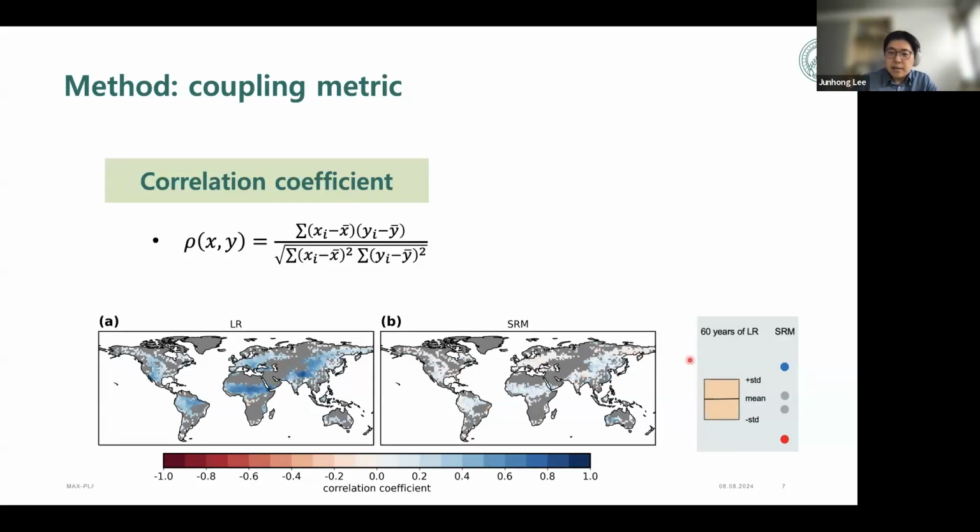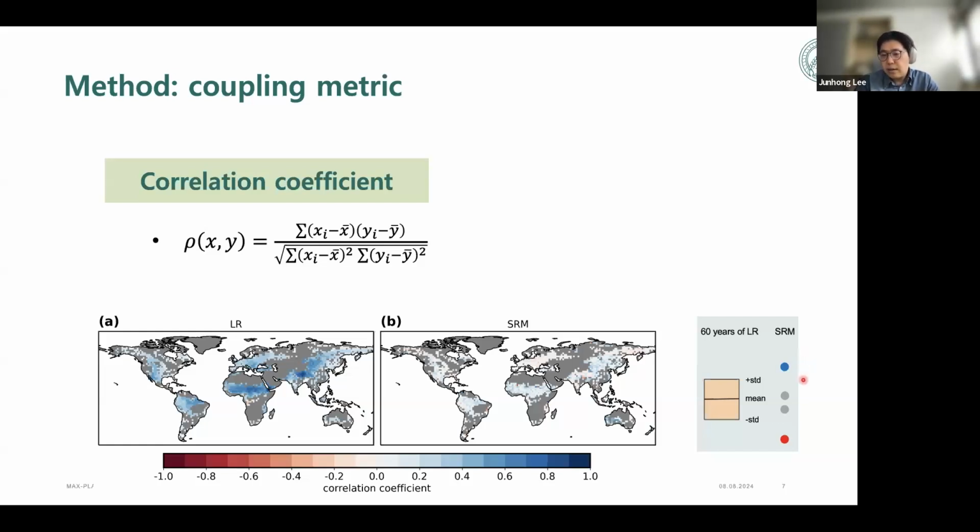And then next I compute the correlation coefficient for the storm resolving simulation. And if its value is outside of plus minus one standard deviation of low resolution, then I assume it is statistically significant, so I allow analysis for these points.